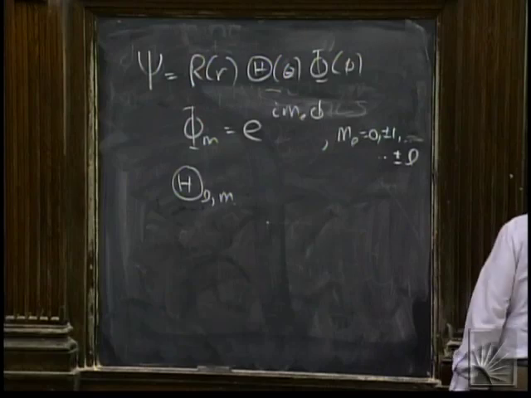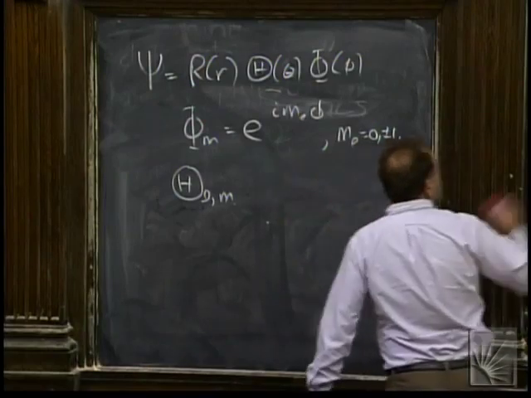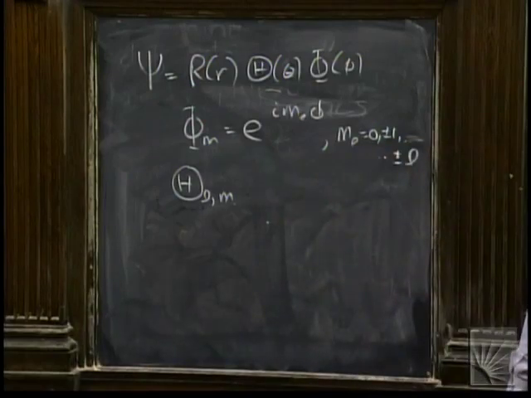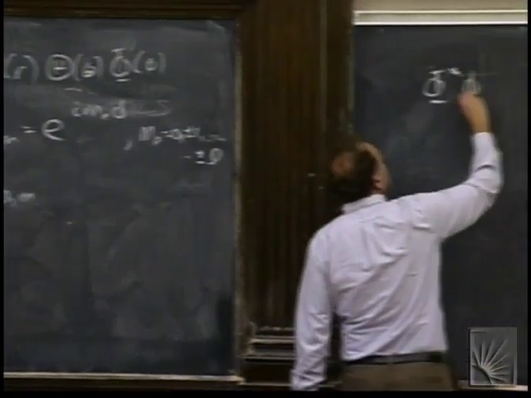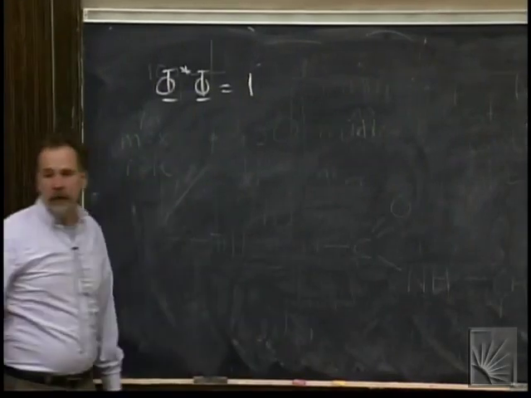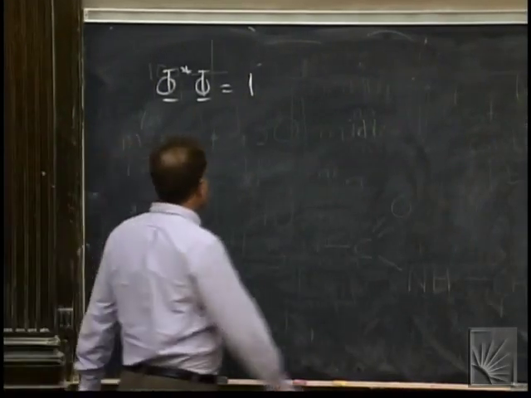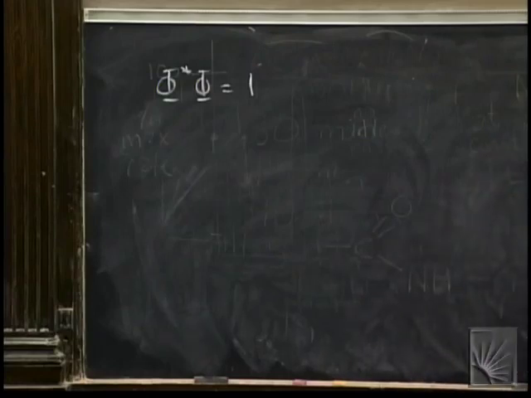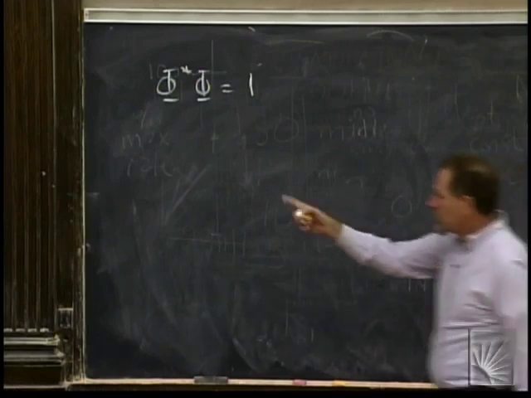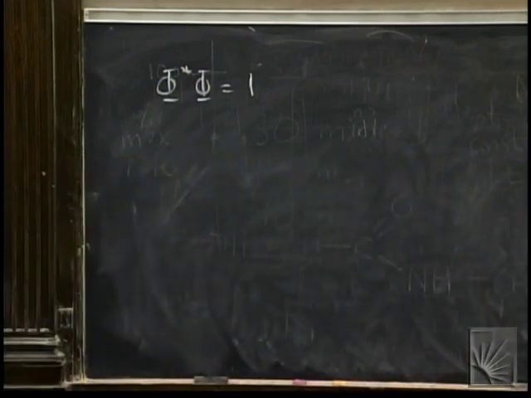One thing I said already, and let me just repeat, is that Phi star Phi equals 1. Okay, so if I ask about the probability of the particle having some value of phi, the answer is it's uniform.